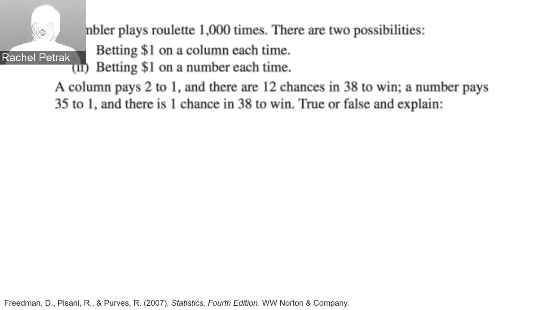A gambler plays roulette 1,000 times. There are two possibilities: betting $1 on a column each time, or betting $1 on a number each time.